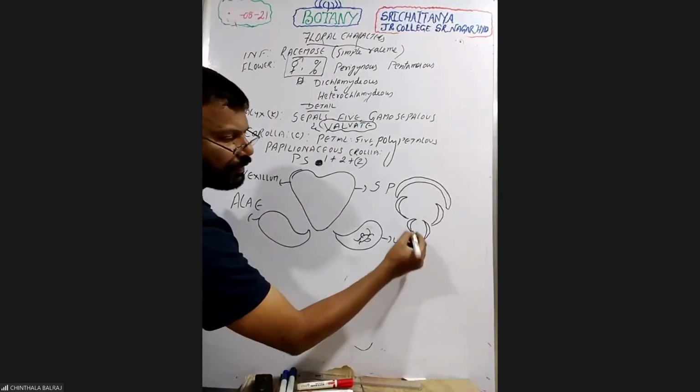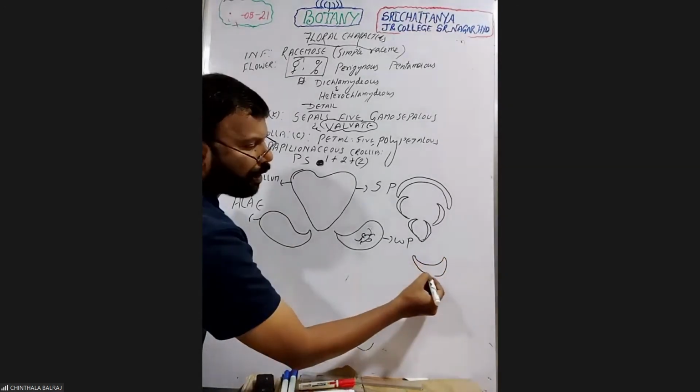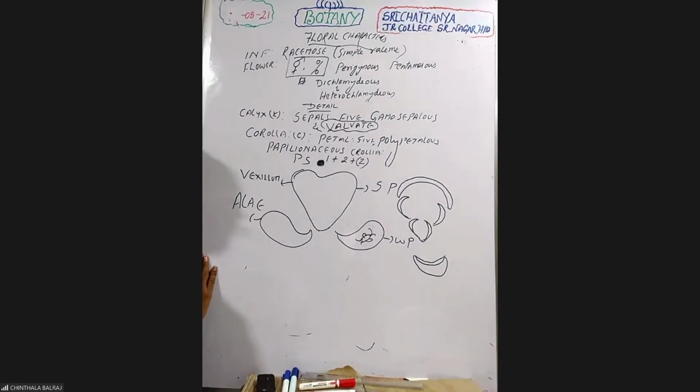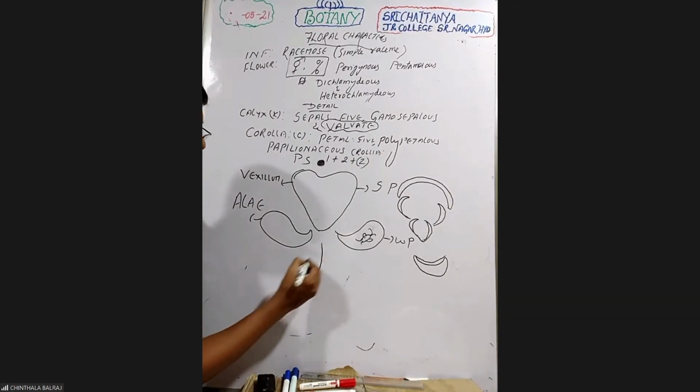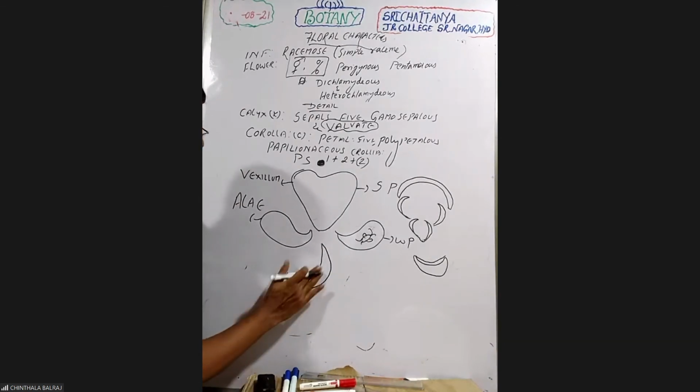So actually, it is like this. Which shape? Boat shape. Boat-shaped petals are known as keel petals. Where are they located?